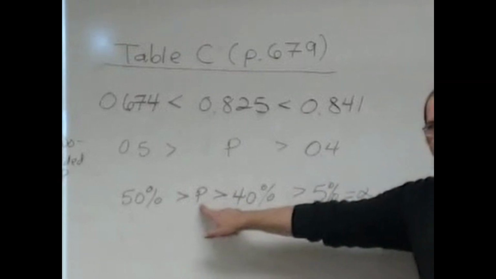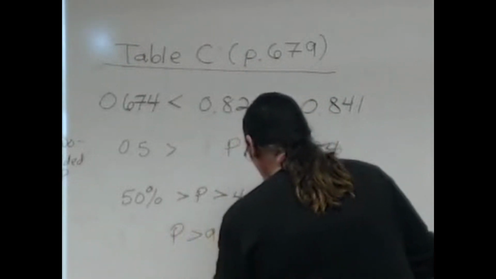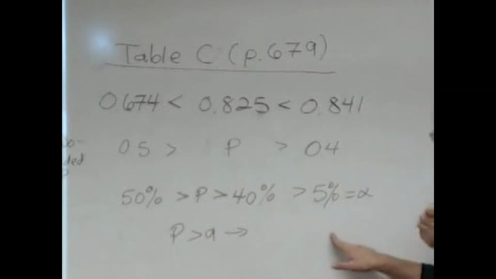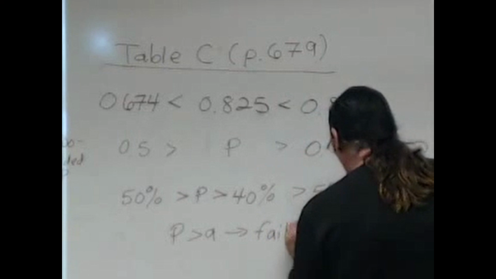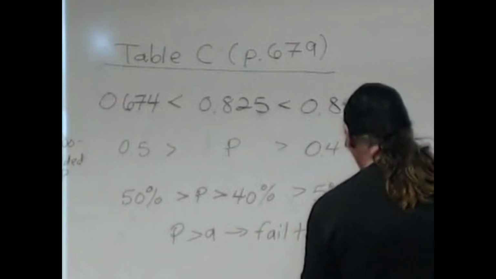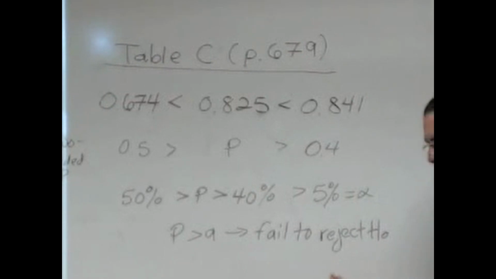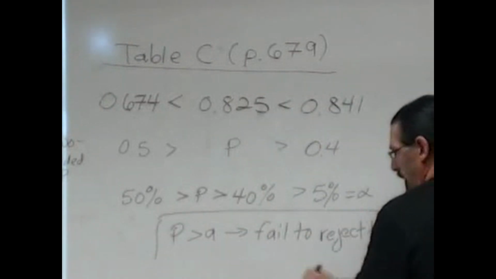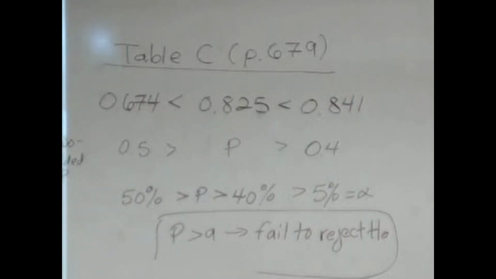If P is bigger than alpha, you fail to reject. It's like failing to convict in a court. Fail to reject H0. That's what we're doing here. All right, off to the side: if it had been that P was less than or equal to alpha, then we would reject.